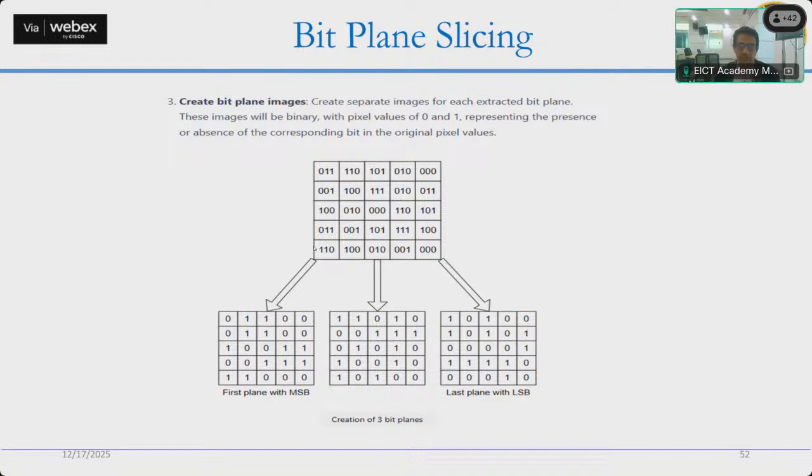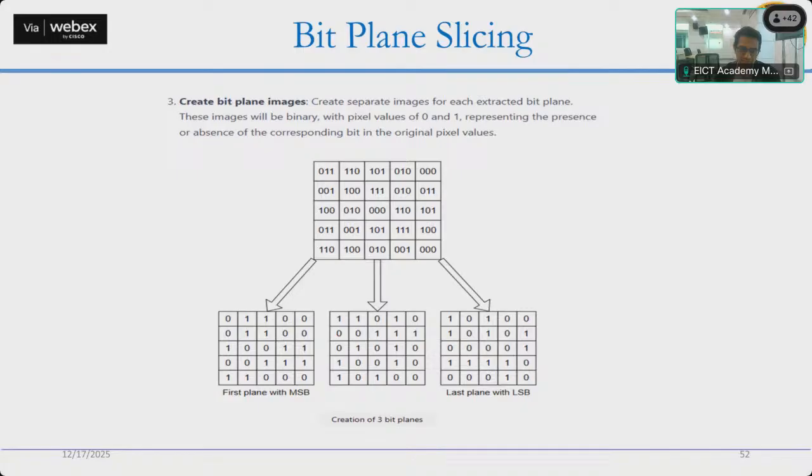How do we create a bit plane? By separating out the bits. See, the first plane we create by taking the most significant bit from every pixel. 0, 0 here, 0 here, again here is 0.